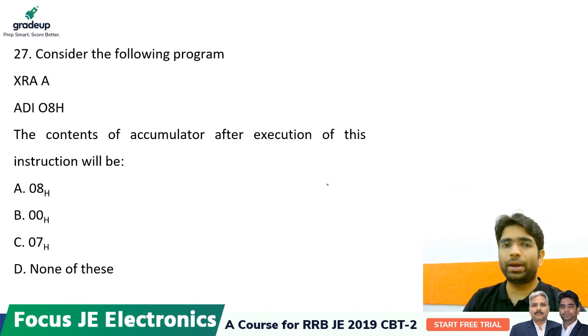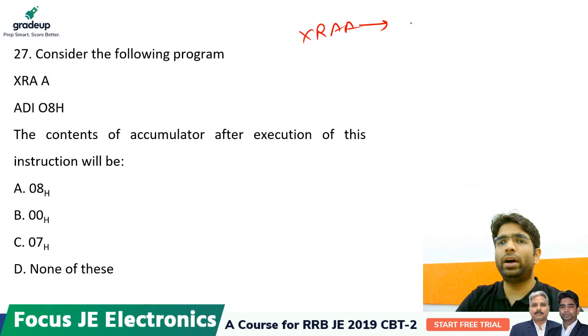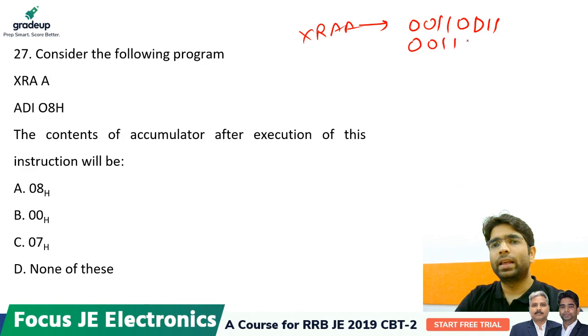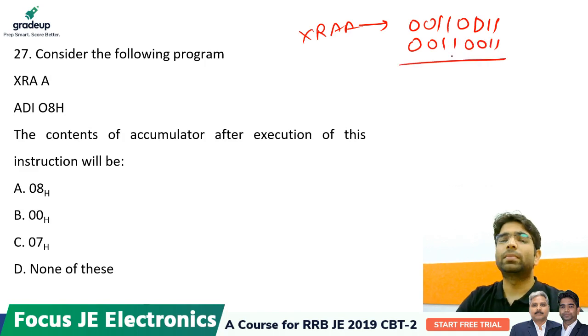Consider the following program: XRA A. The contents in the accumulator will be, suppose the earlier content was 0011. You XOR with the same content, then what will be the result? It will be 00.